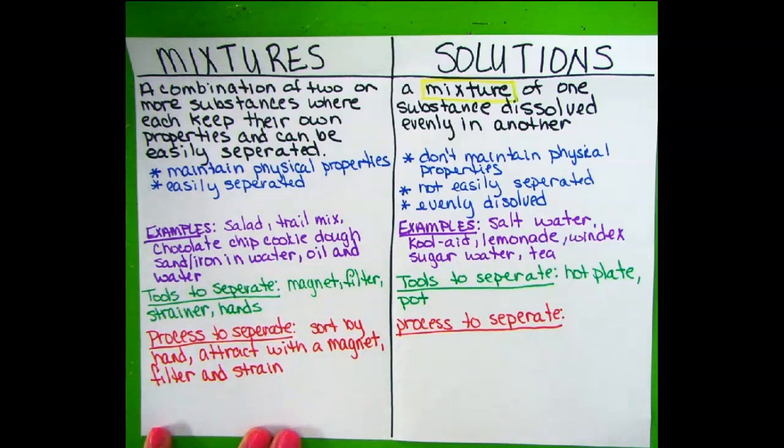So to separate mixtures, you might sort it by hand like we would M&Ms, Chex Mix, or Skittles. You can use a magnet, and I don't have one, but they have these little magnet ones that you can run over things. I don't know how many of you watch a whole lot of YouTube or TikTok, but one of the things that we see a lot is fishing with magnets.